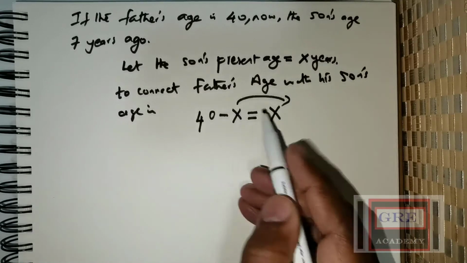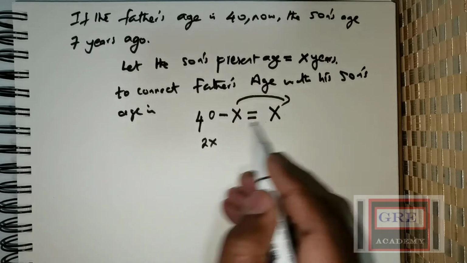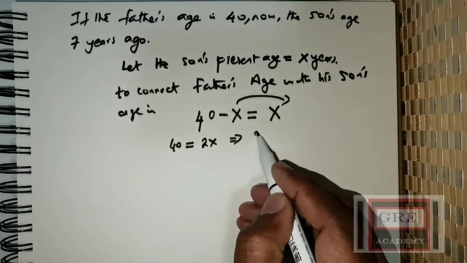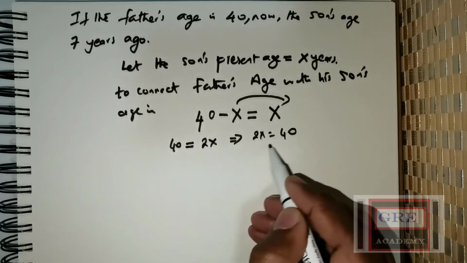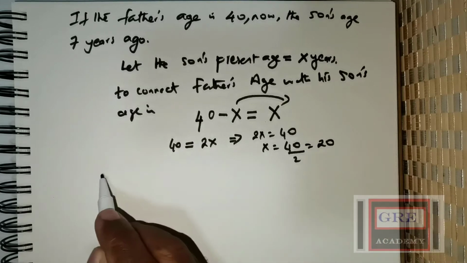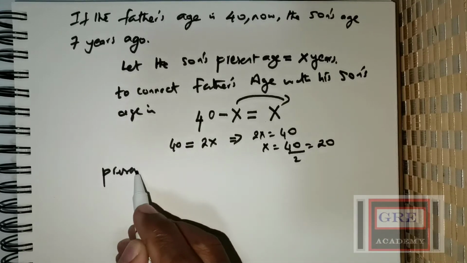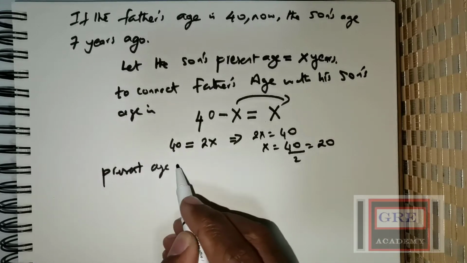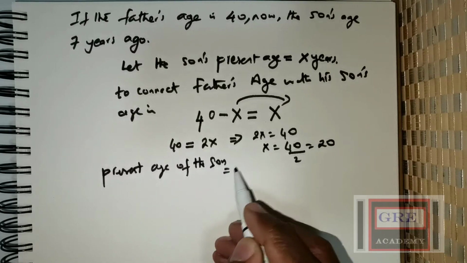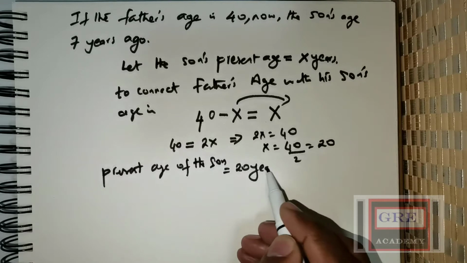So moving x to the right, we would get 2x is equal to 40. Therefore, x is equal to 40 divided by 2, which is 20. So, the present age of the son is 20 years.